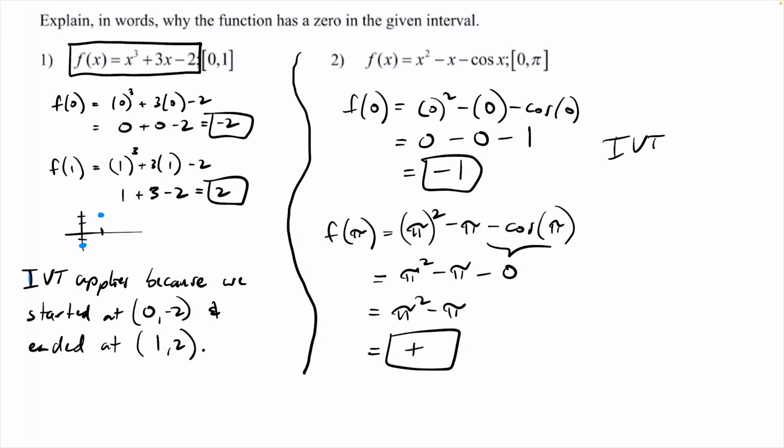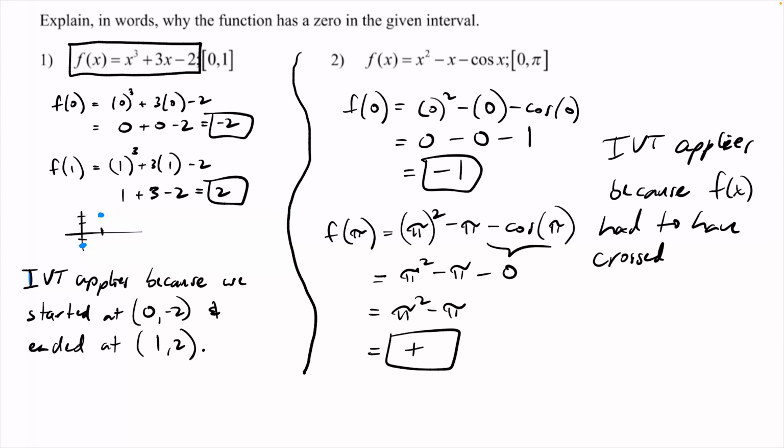IVT applies because, I'm going to write it a little differently since I don't know the exact coordinate for the second one. I'm going to say because f of x had to have crossed the x-axis at least once.